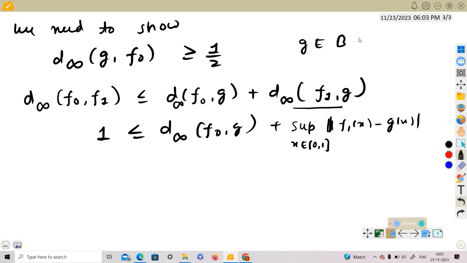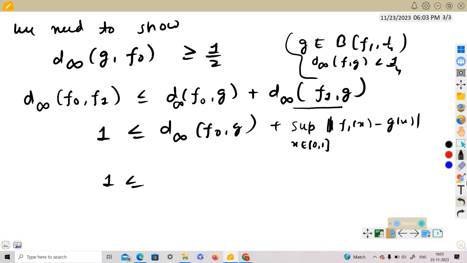Remember this g belongs to B(f1, 1/4), so d_infinity(f1, g) is less than 1/4.